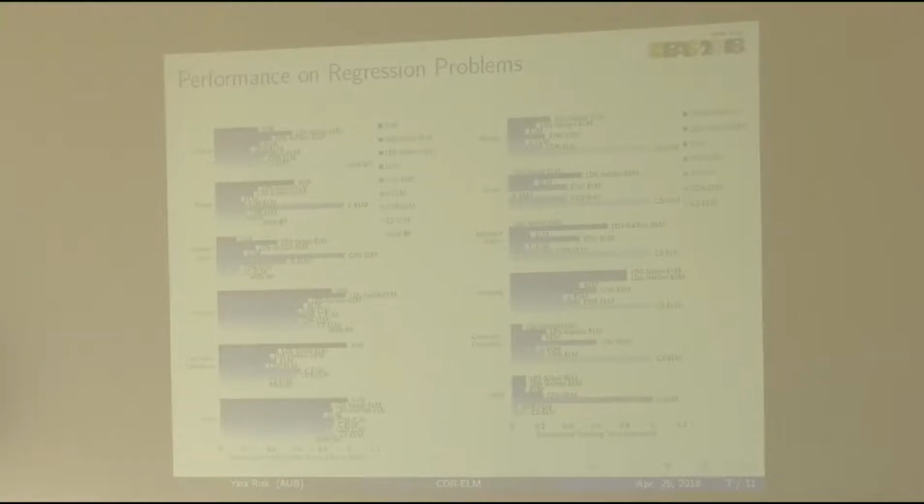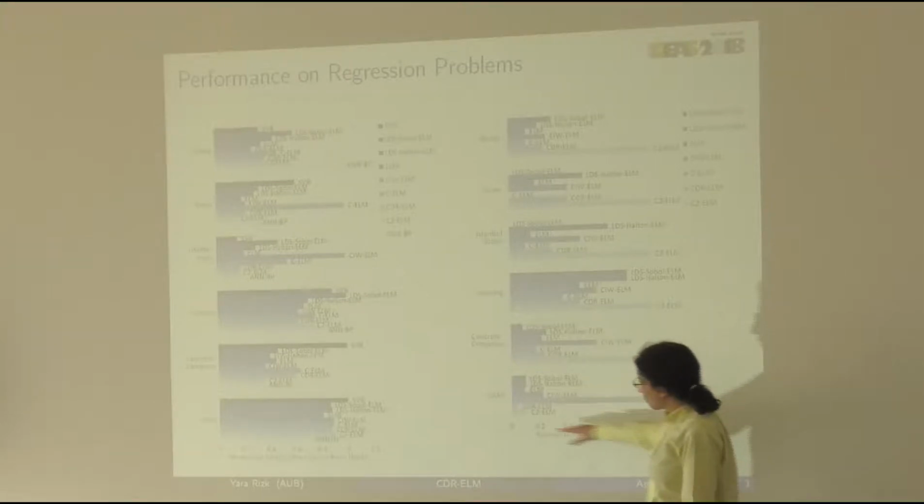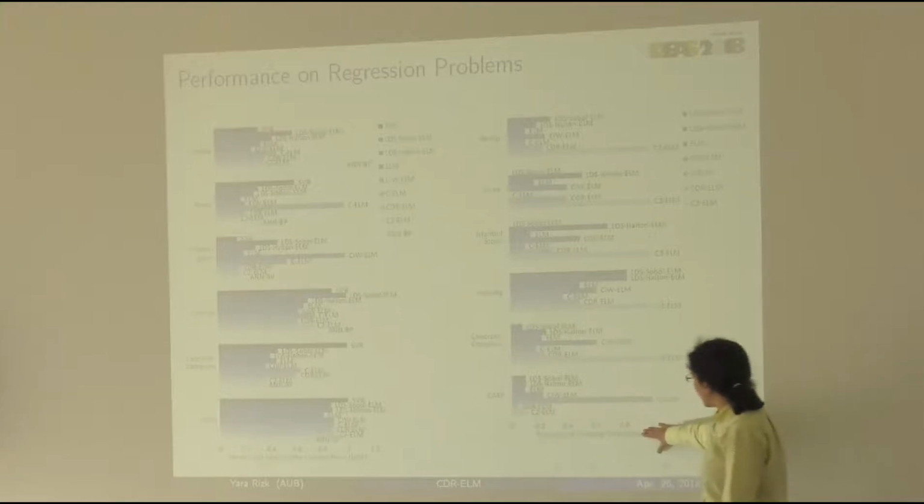When we consider performance of these algorithms, we're comparing to multiple algorithms from the literature. First, we considered about 6 benchmark regression data sets from the literature. I don't know if it's very clear, but I'm basically normalizing over my mean square error and my training time.